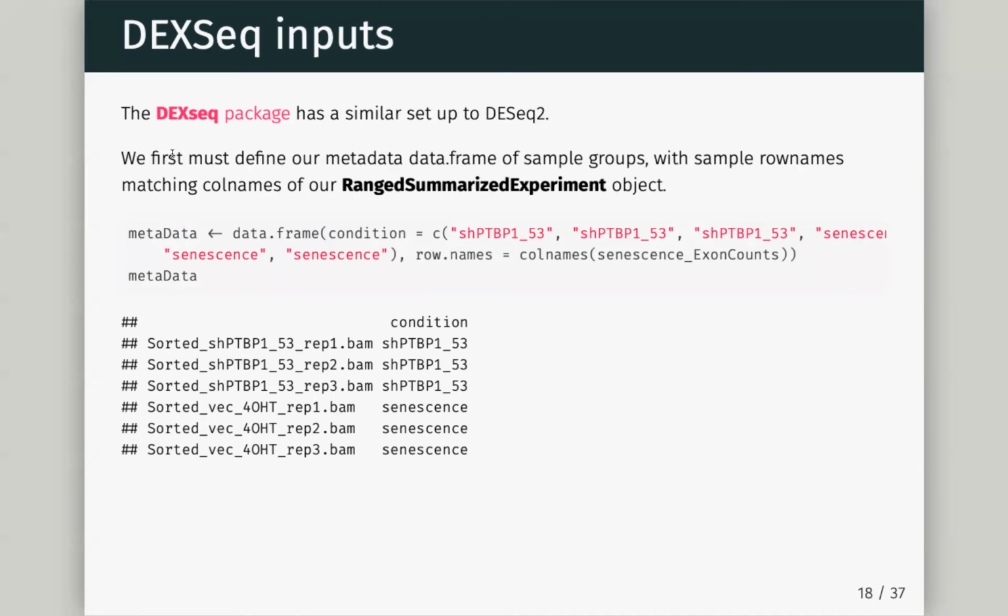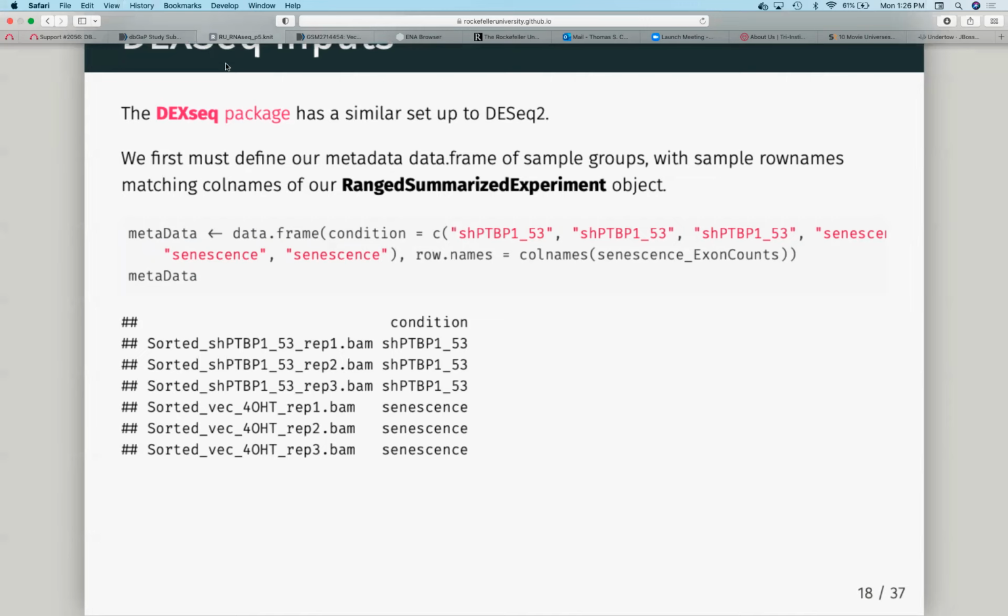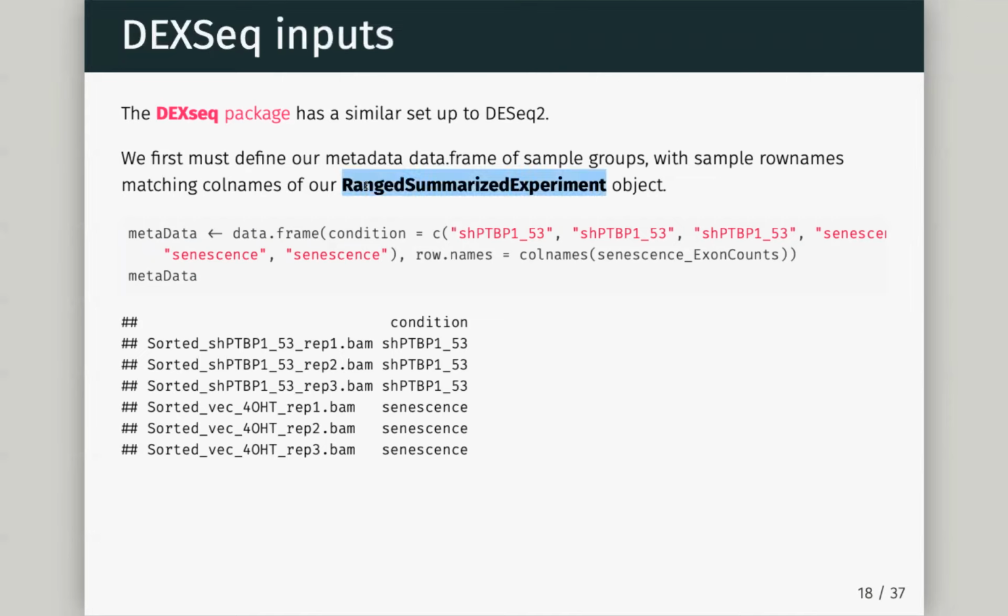So DEXseq, like all Bioconductor packages, follows a similar setup. We're going to be able to work with our range summarized experiment object. But first, just like we did when we were working with DESeq, we need to add a little more information to this. The information we need to add is our conditions.